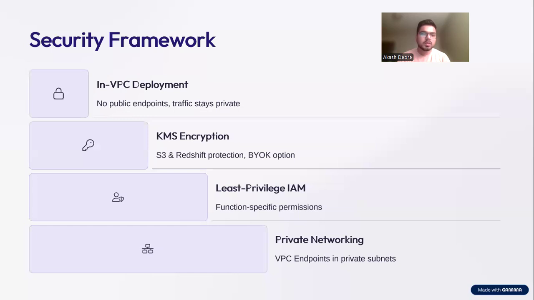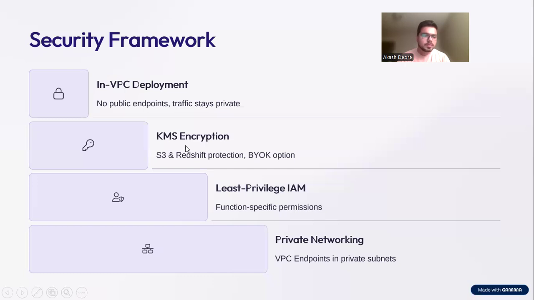First is in-VPC deployment. The entire stack sits inside your private subnet, so no public IP addresses. As these are sitting in your VPC using private subnets, third party access is avoided.